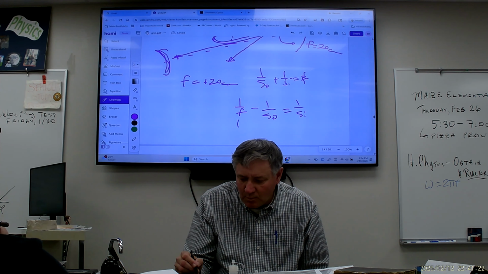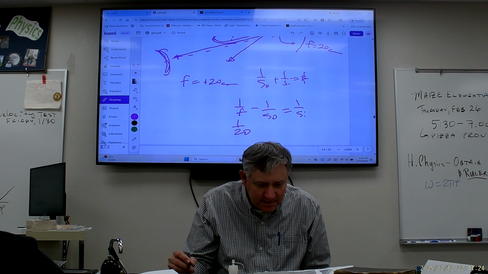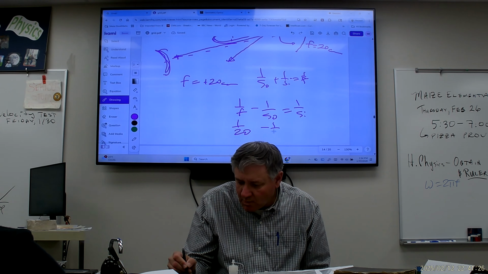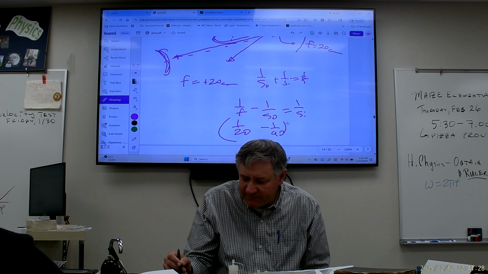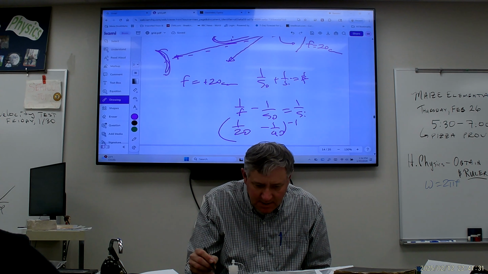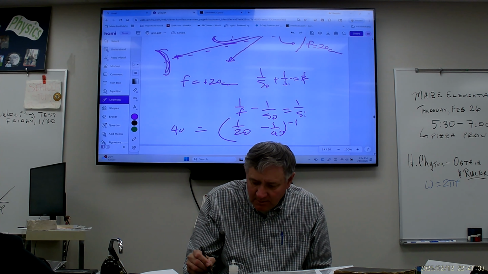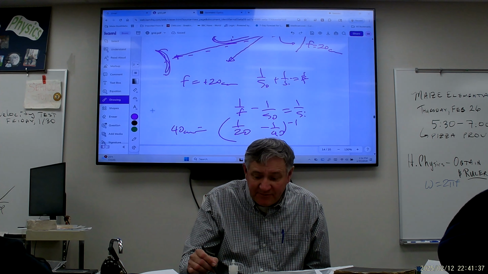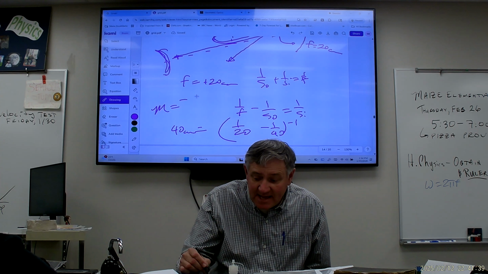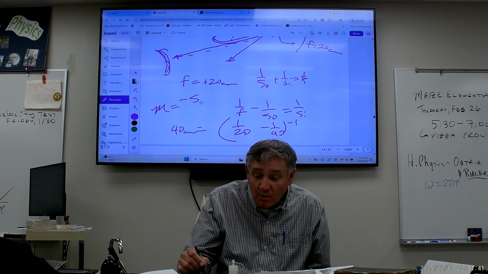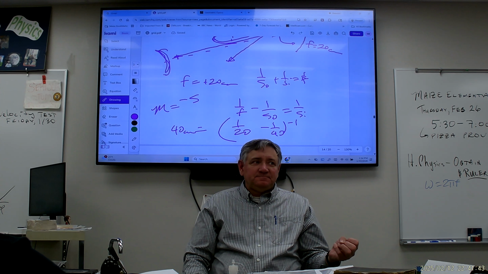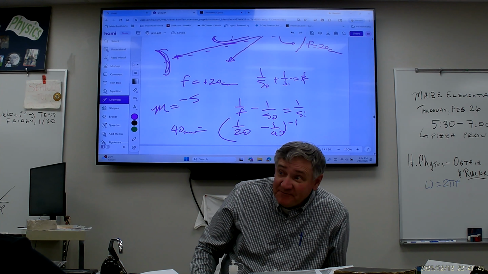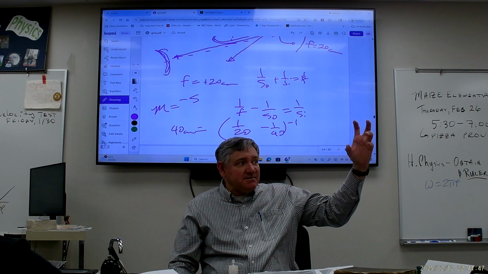So in this case, I got 1 over 20 minus 1 over 40, and then the inverse of that. And you get 40 centimeters. So what's my magnification? So magnification is going to be a negative 1. Why negative? It's inverted, and it's the exact same size.